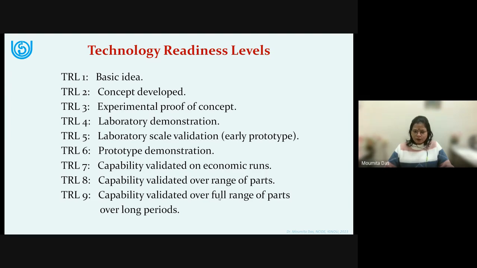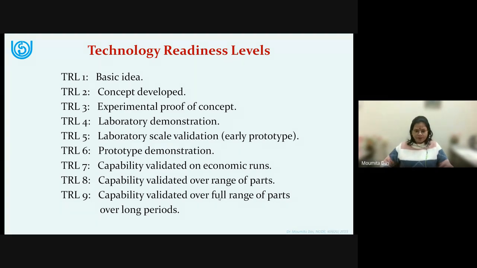TRL6 is the prototype demonstration. TRL7 is the capability validated on economic runs. TRL8 is the capability validated over a range of parts. And TRL9 is the capability validated over the full range of parts over long periods. So let us look at the detailed description of each level.